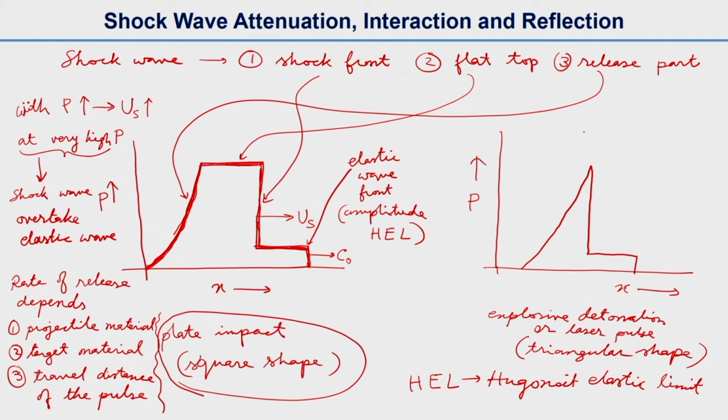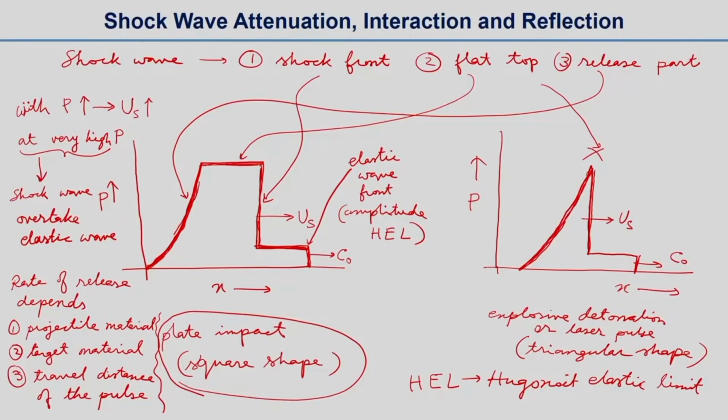So here there is no flat top, but you can see the release part, this one, similar to the one we saw for the plate impact, and we have this shock front, our shock wave velocity Us and elastic wave velocity c naught, which is the elastic wave front. This is the elastic wave front and this is the shock wave front. We will discuss this release wave part in a short while.